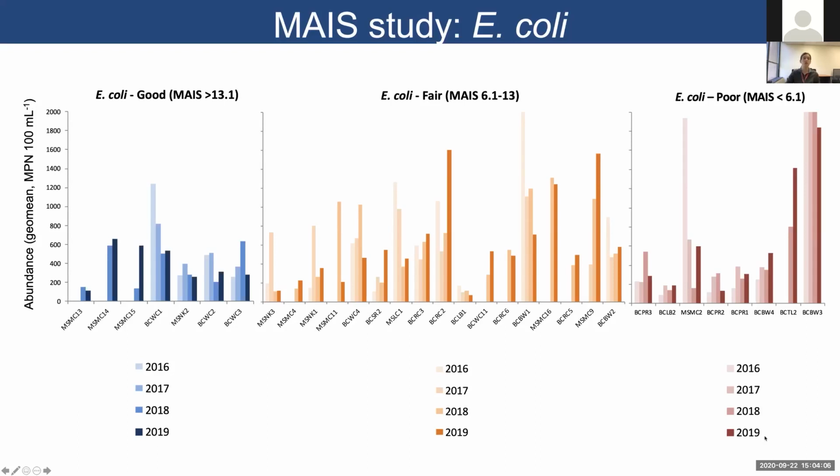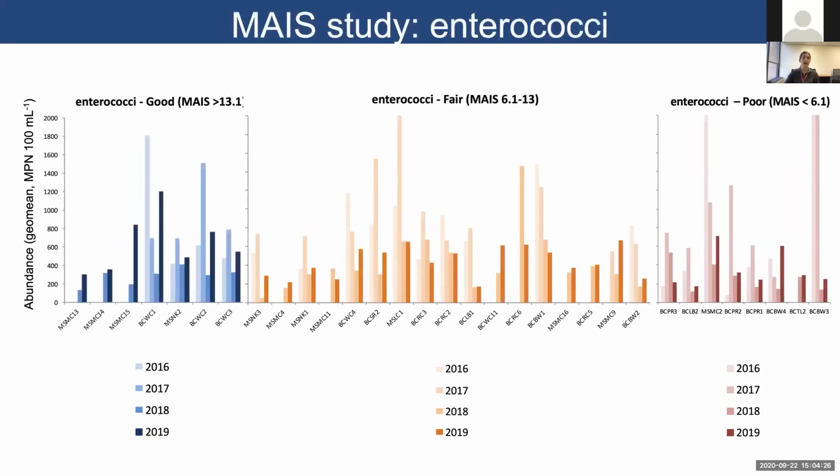And further, there was not a trend between the MAIS score category and the abundance of E. coli. So one site here does have a very high abundance, but some of these other poor quality sites are much lower compared with the fair and even good quality sites. And we found a similar lack of trend over space or time for the enterococci abundance in water at these sites.